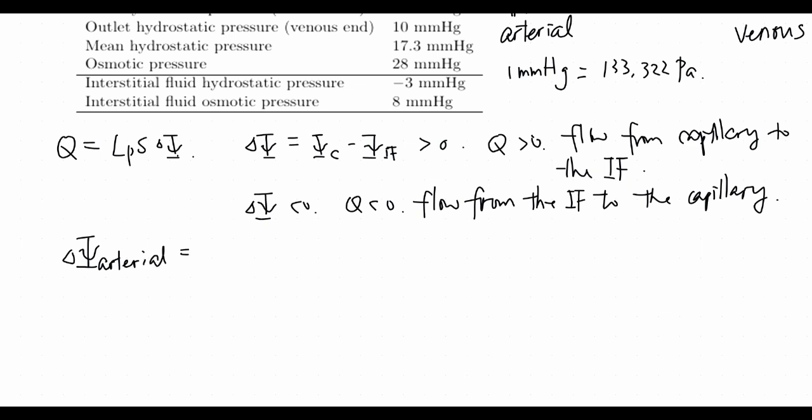So by using the numbers in the table, we need to calculate PC minus P interstitial fluid subtracted by IC minus I interstitial fluid. Let's look at the table.